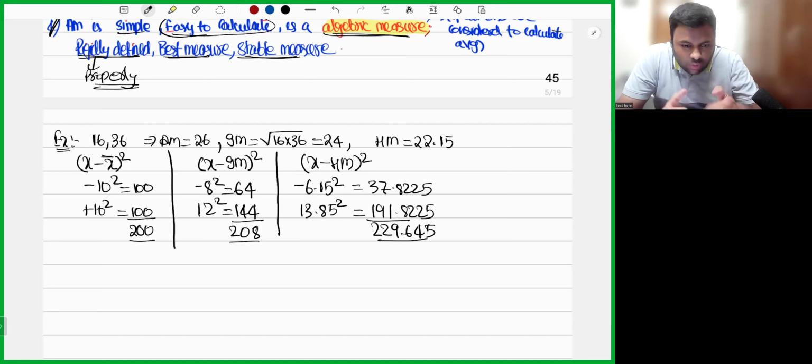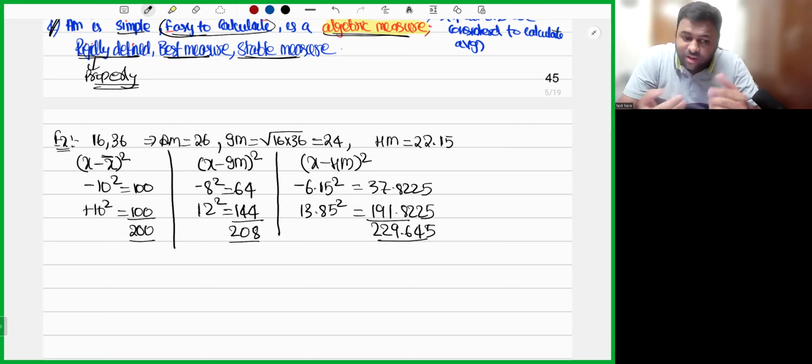I have calculated squared deviations of observations from the geometric mean, and from the harmonic mean.